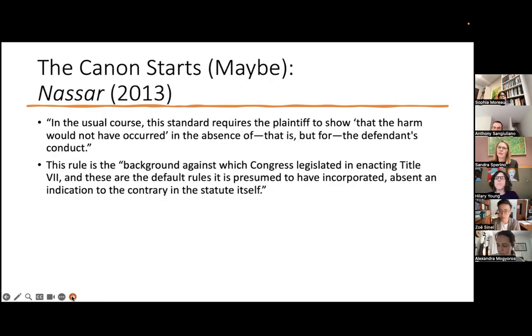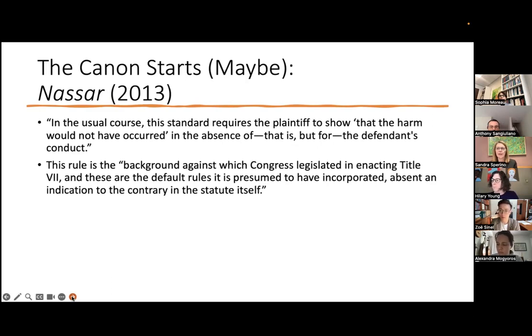So the case that really starts the canon, or I say maybe, because we only know that it starts the canon when we look in hindsight now that the canon has been articulated in a couple of cases, is the 2013 case of Nassar. And this is a case that I filed an amicus brief in and was on the losing side. So Nassar worked for a hospital.